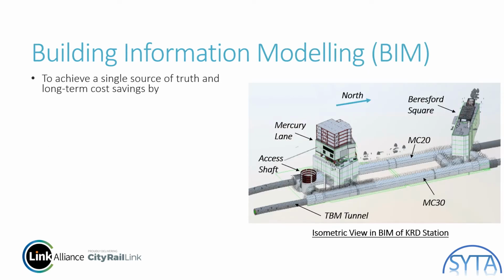This is the building information model for the cable station. Both temporary and permanent supports have been included in the model, such as the TBM tunnel, the 2 platform tunnels, the temporary access shafts, and 2 permanent shafts. And why do we need the building information model to help us?